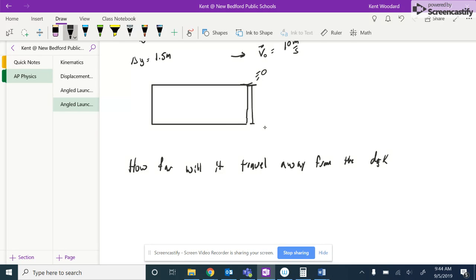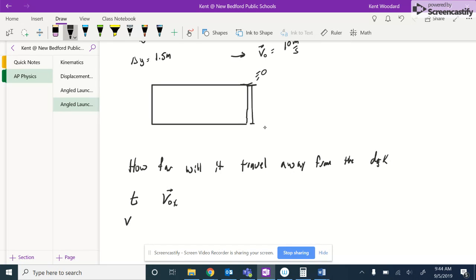So it's the same approach. We need to figure out t. How long will it take for this thing to hit the ground? And then apply that to the x component of its initial velocity. When you're working a problem like this, you've got to think about it one dimension at a time. So first, we've got to think about the y dimension. How long will it take for it to hit the ground?